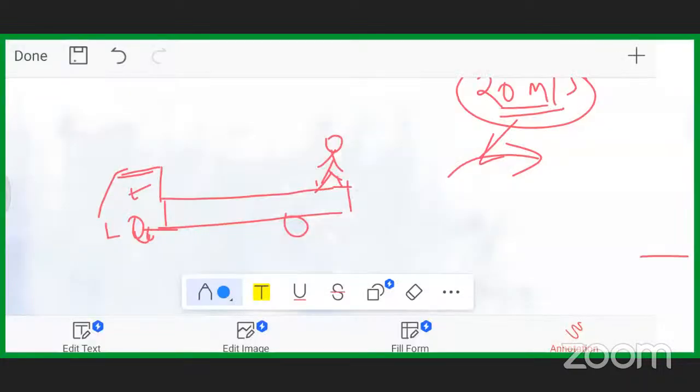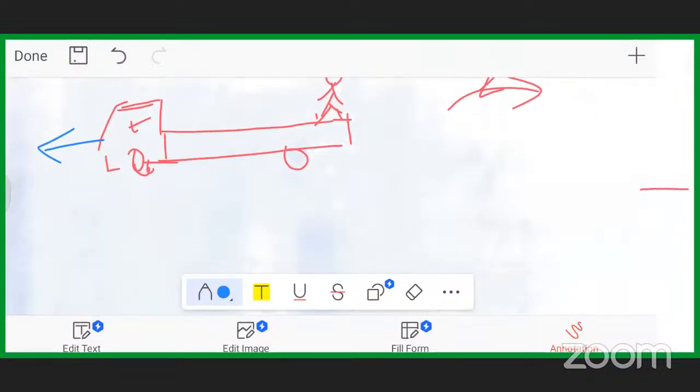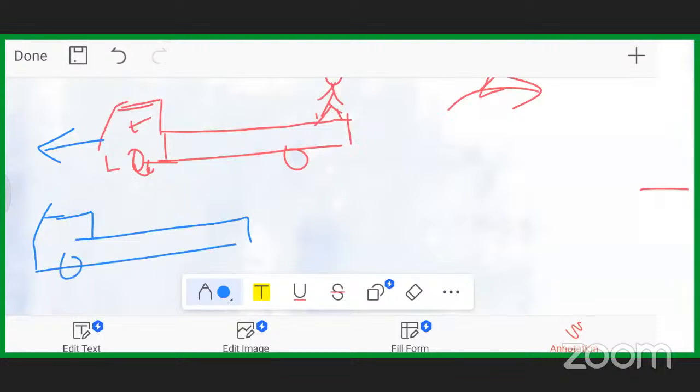If you jump up, the track is moving, so that after some time the track has reached here. Let's say the track is already somewhere here. The track is moving, and you will not fall down.